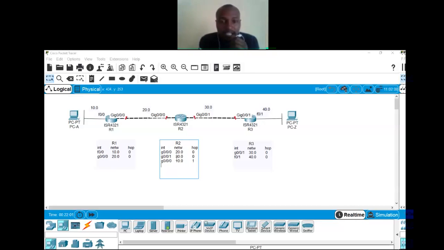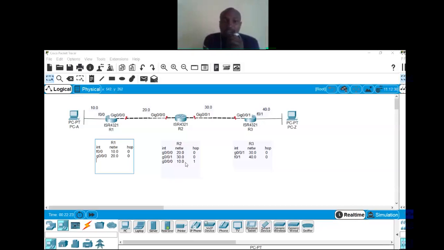So immediately R2 sends its own routing table to R1. The first thing it will do, R1 won't receive data it had sent to R2. So R2 won't send the information under gig 0/0 for 10.0 with hop count 1.